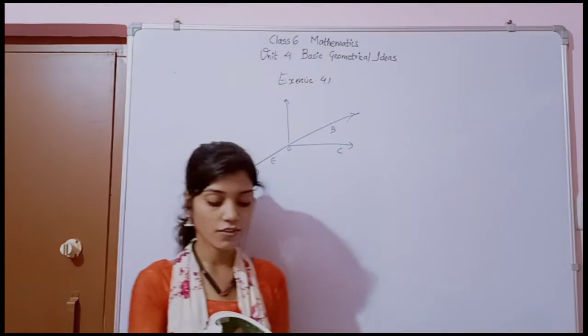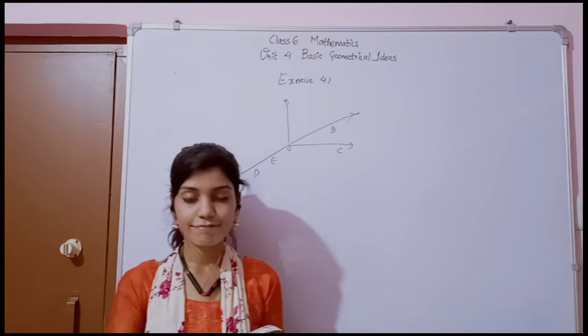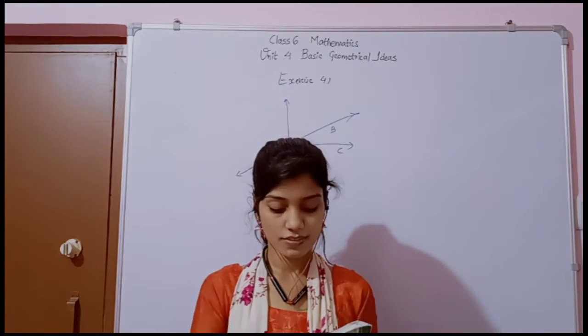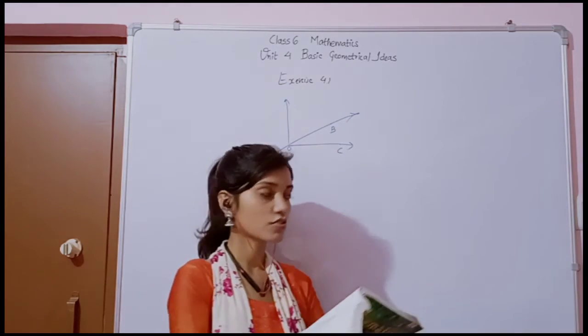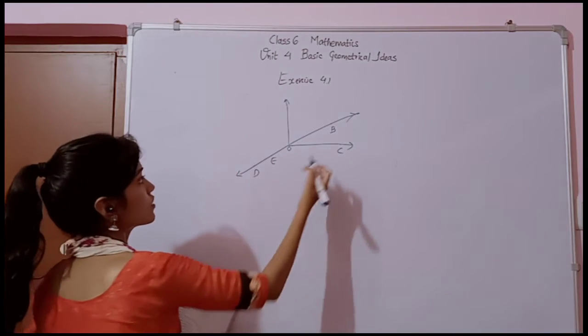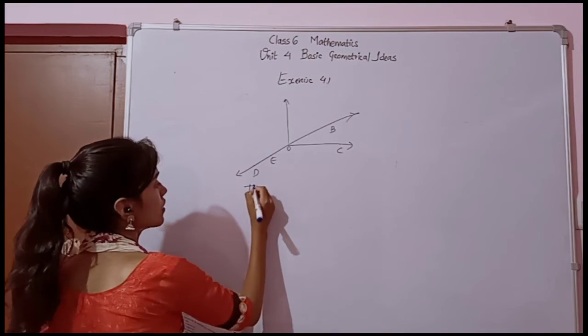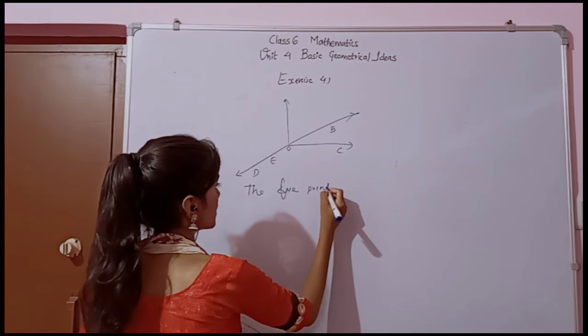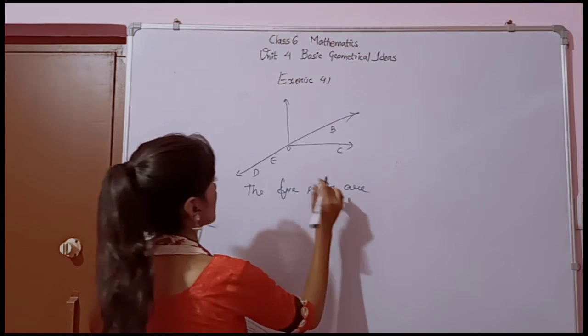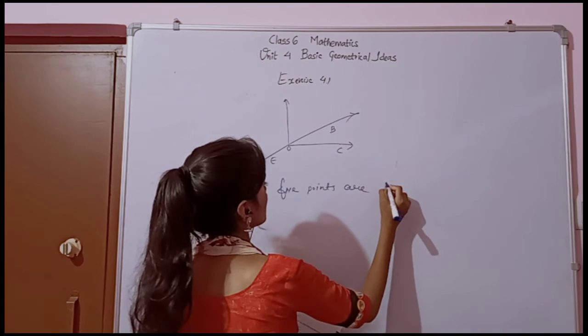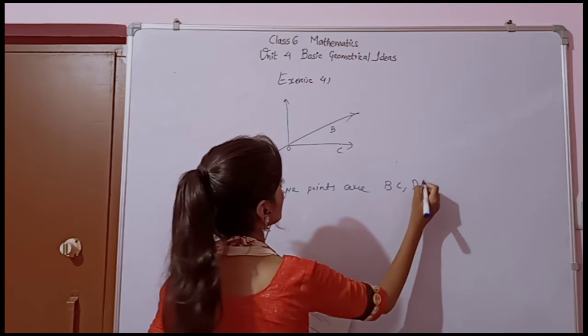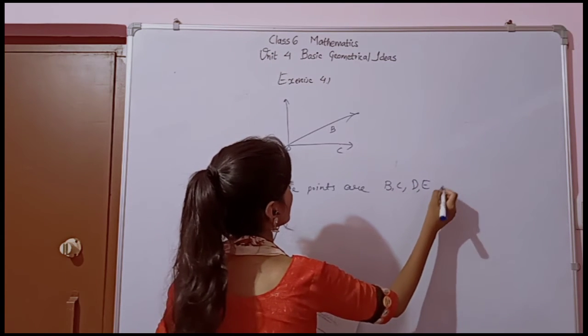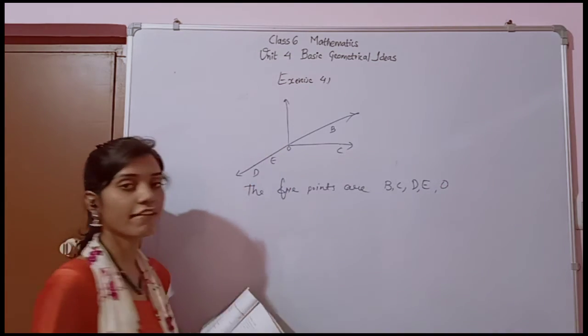Now what do you have to do? Let's read. A. 5 points. Now you have to name the 5 points. So which are the points? You can write the 5 points are B, C, D, E and O. So these are the 5 points.